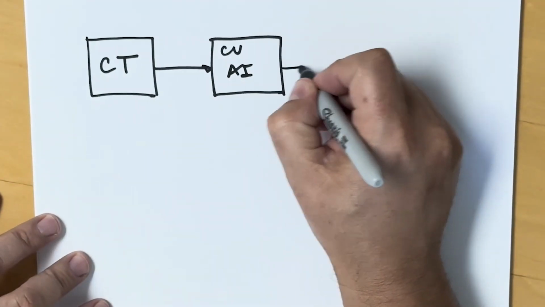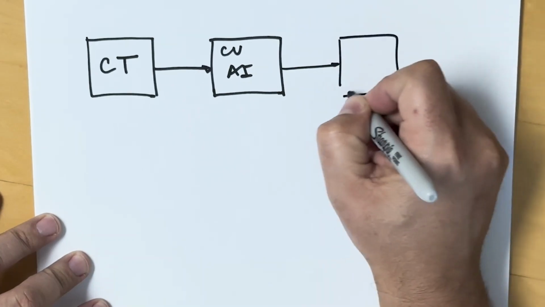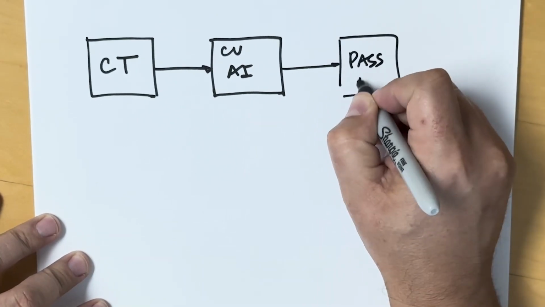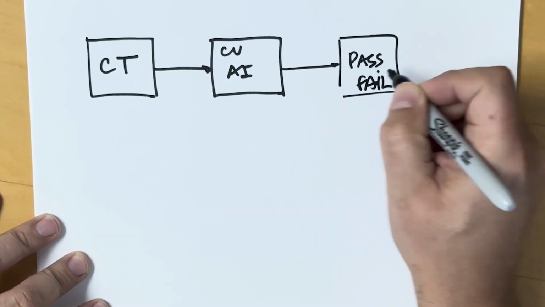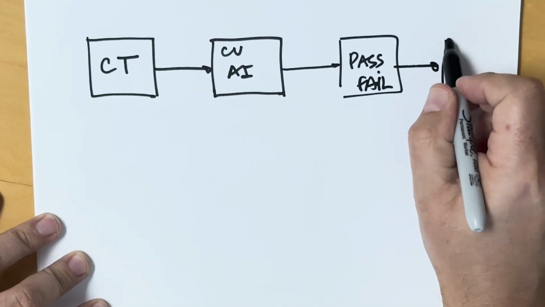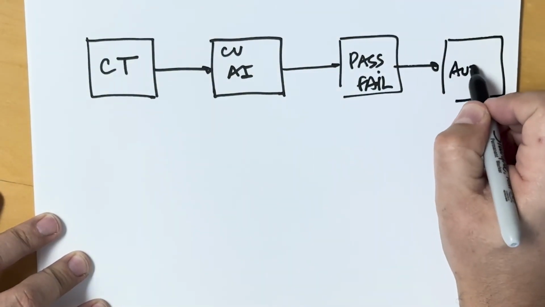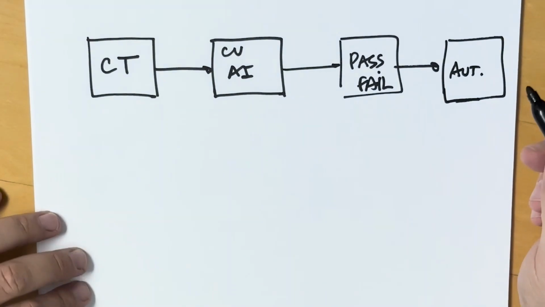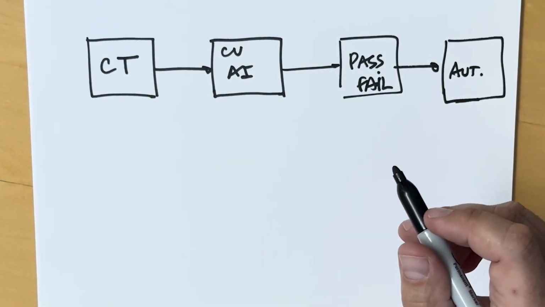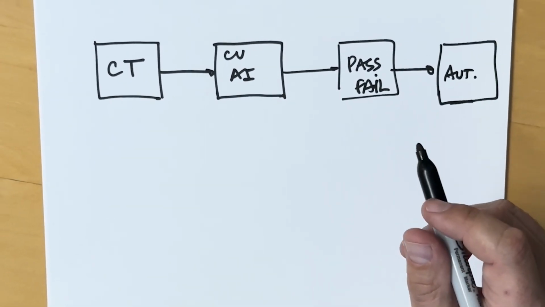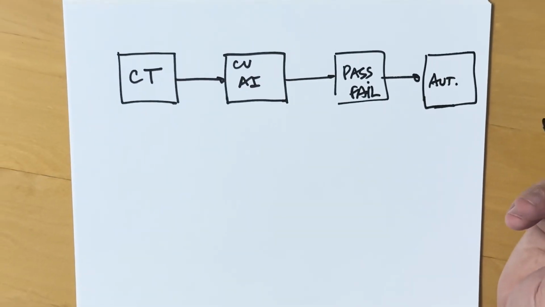And then based on that, we can generate pass-fail decisions that we can then run automation on to separate that specific sample from your production line or keep it for rework or anything else you might want to do.